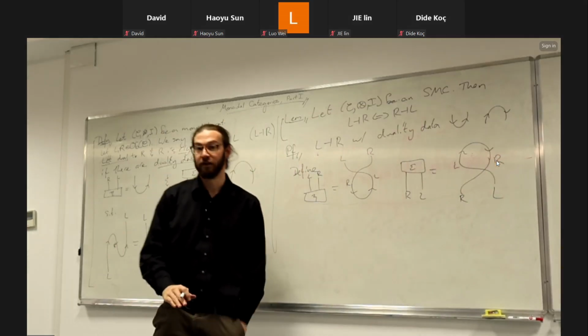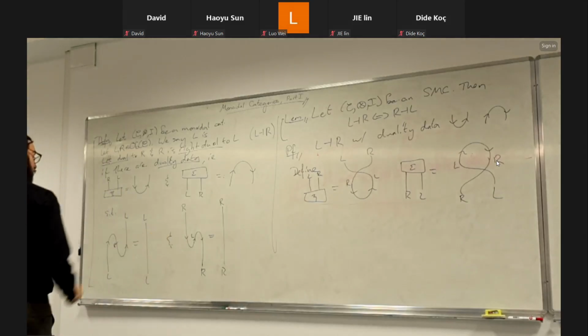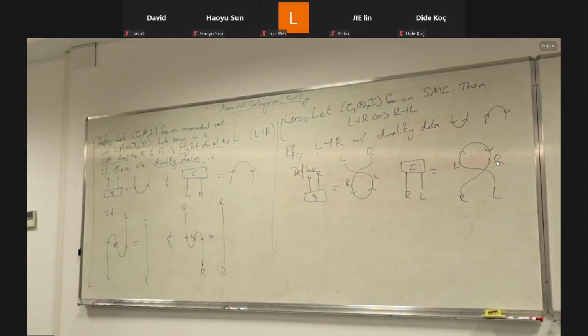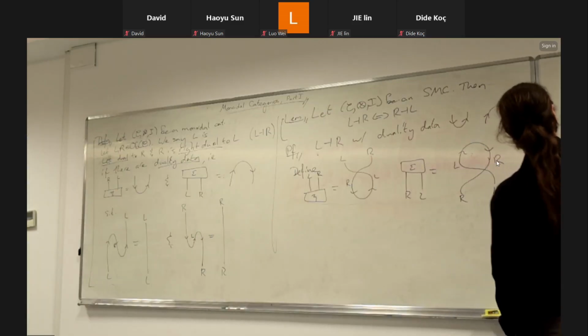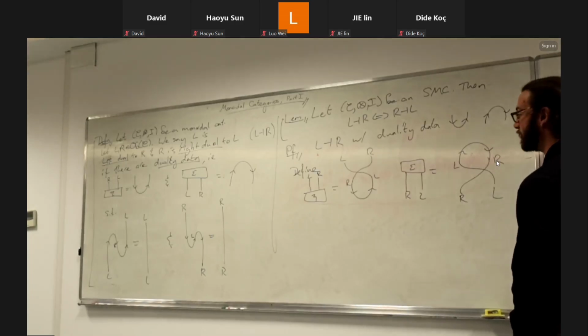And now we need to verify that these two relations hold. So once again, I'm only going to do one of them, but that should hopefully be enough to convince you of the validity of the argument.